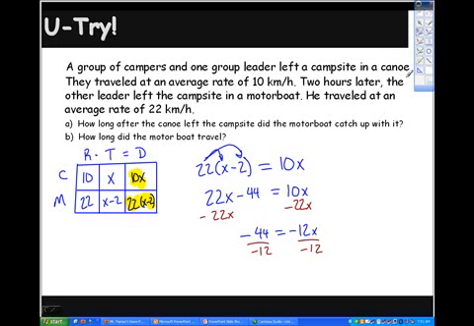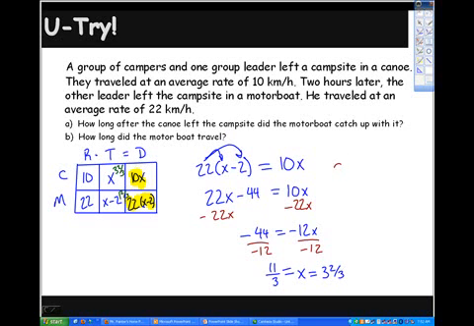If we reduce that, 4 goes into 44 11 times. 4 goes into 12 3 times. So that's equal to x, which is the same as what? 3 and 2/3. So it took our canoe, x, 3 and 2/3 hours, and it took our motorboat 2 hours less, 1 and 2/3 hours to go the same distance. So let's write our answers here.